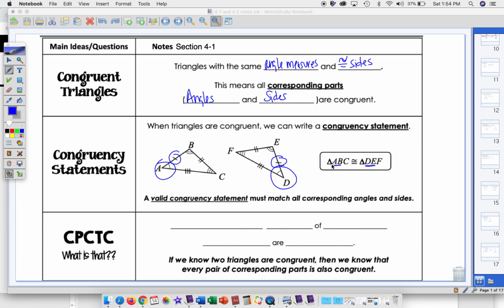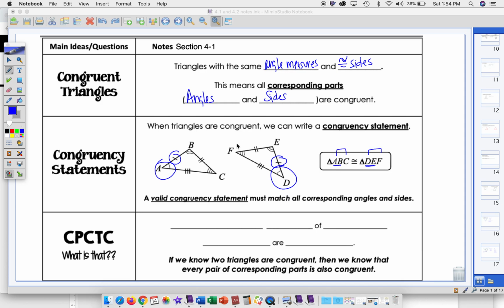And then for AC, we have the triple, and AC corresponds to DF. Okay. So, a valid congruency statement must match all corresponding angles and sides.